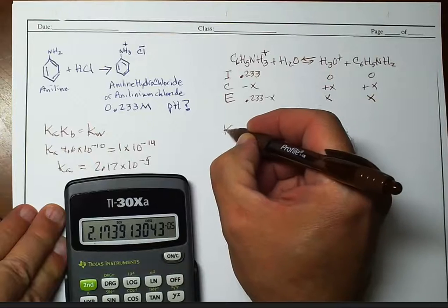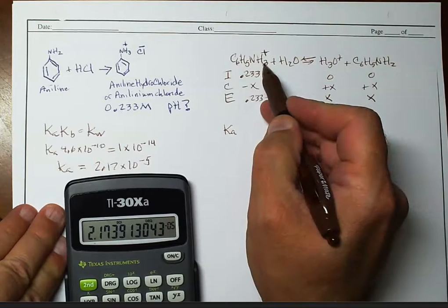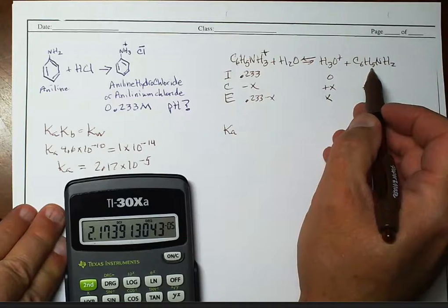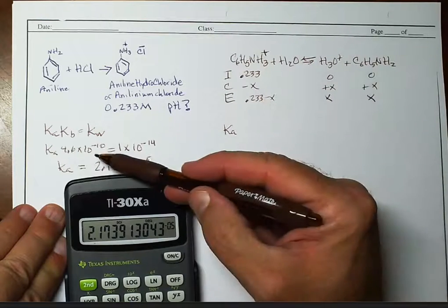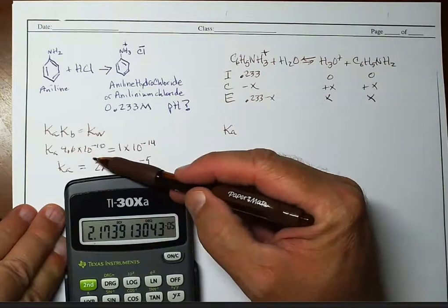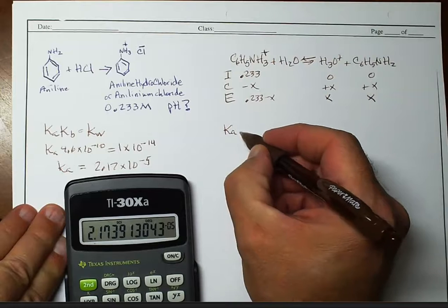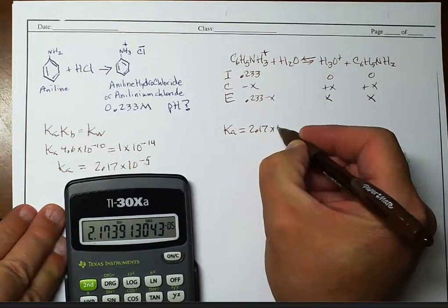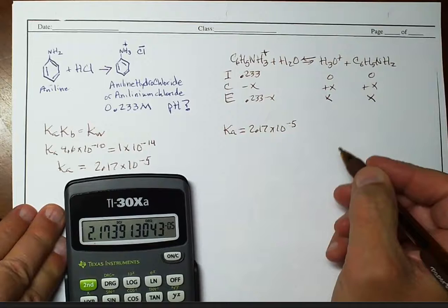Our Ka for this acid, which is anilinium, the conjugate acid of aniline, which is the conjugate base whose Kb we found over here, is going to equal 2.17 times 10 to the minus 5.